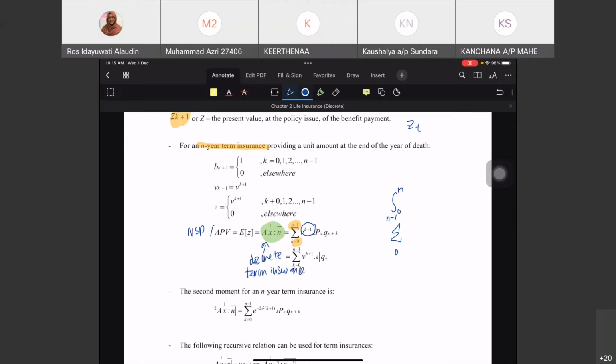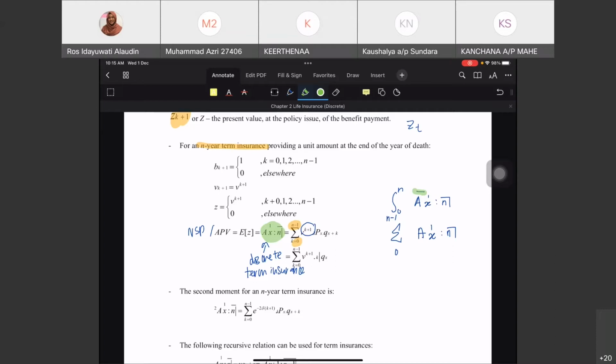For continuous term insurance it is A bar X N. But for discrete, we don't have that bar. So that's the difference. You have to write the correct notation, because if you write an incorrect notation, it will give a different meaning.